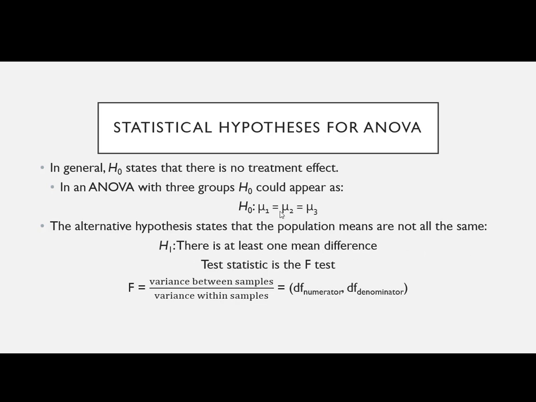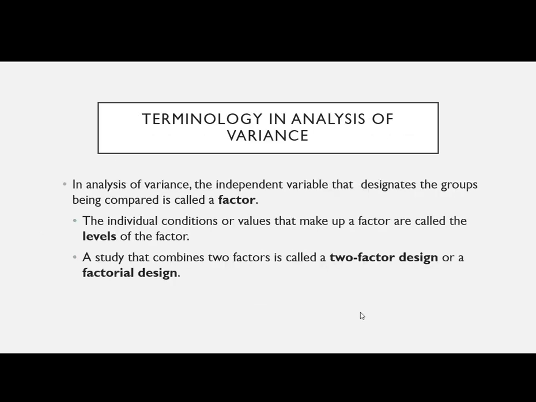So you could see it with the not equal sign, or you could see it written out as there is at least one mean difference. The test statistic, like I said before, is an F test, and the F statistic is figured out by taking the variation between samples divided by the variance within the samples, and therefore you get the degrees of freedom for the numerator and the degrees of freedom for the denominator.